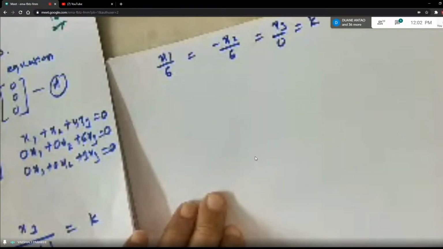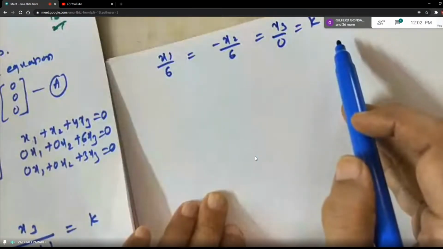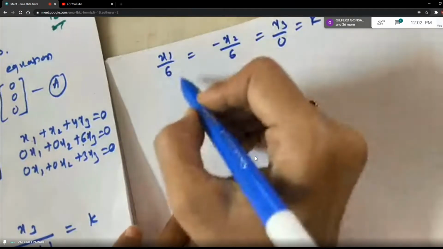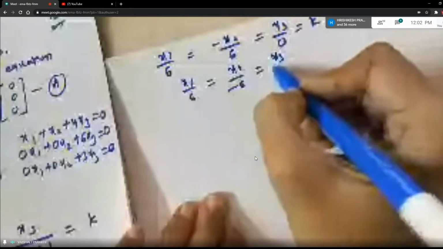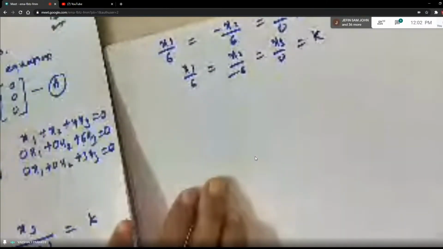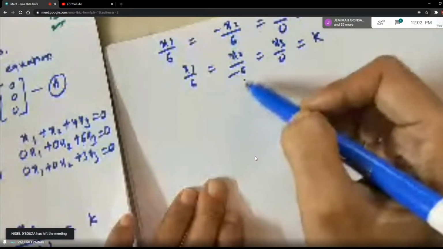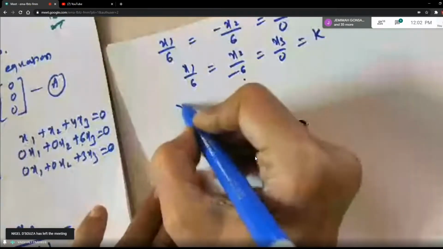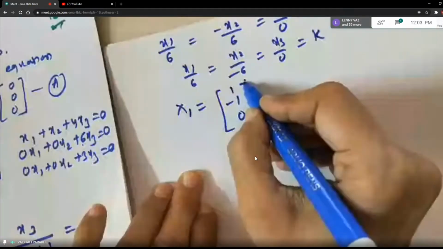Now, when you are writing the eigenvector, you are going to write it in the simplest form. Simplest form in the sense what? x1 by 6 is equal to x2 by minus 6 is equal to x3 by 0, because this k is some unknown, arbitrary constant, right? This minus sign I have taken down. Okay. So your eigenvector is capital X1 is equal to 1, minus 1, 0.